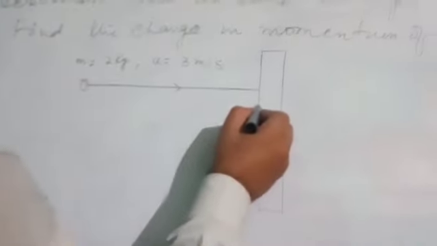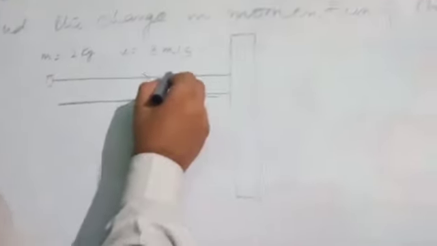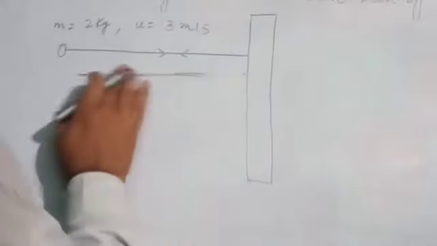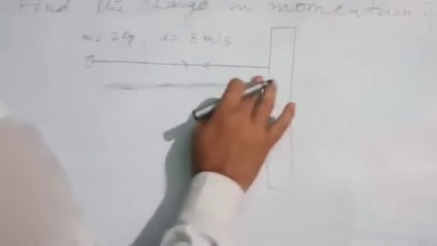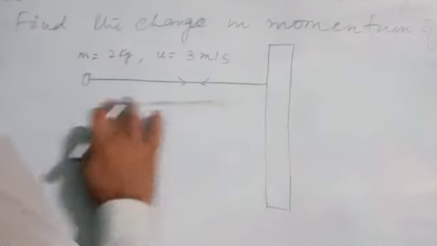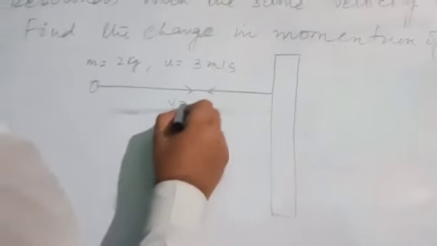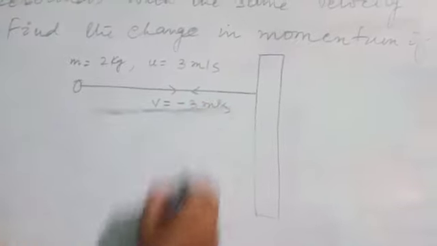After striking the wall, the ball comes back on the same path; it retraces, rebounds, comes back along the same path. Final velocity equals minus 3 meters per second.